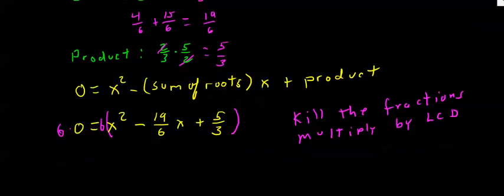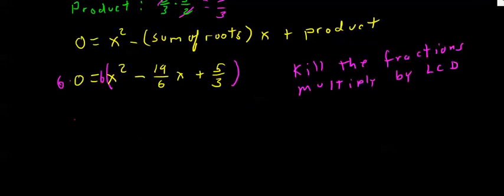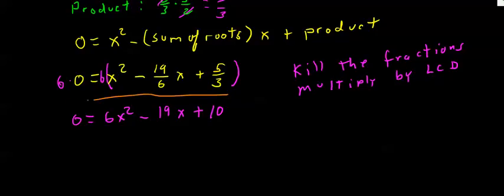Still going to end up with 0. 0 equals 6x squared minus 19x plus 3 goes into 6, 2 times 5 is 10. And there is my answer. Okay?